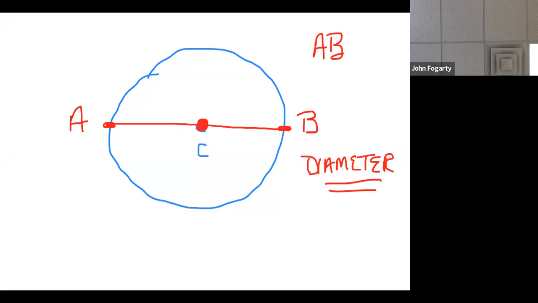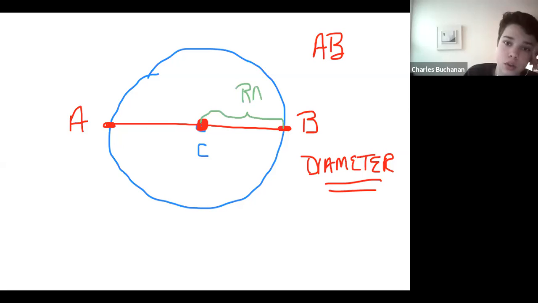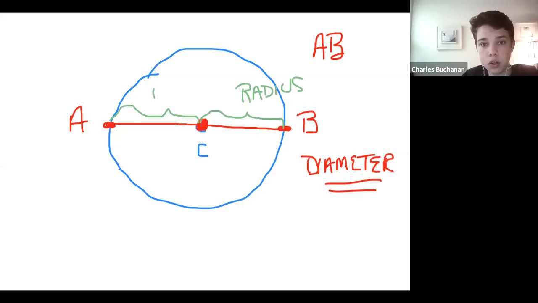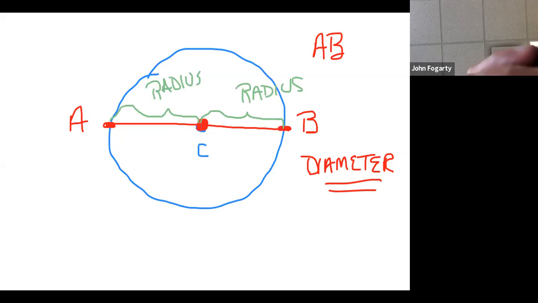Now, let's take a closer look at the diameter. What do you call this part right here? It's a radius. And what do you know about this part? It's equal to that part. That's a radius too, and since they're both radii in the same circle, they're congruent.